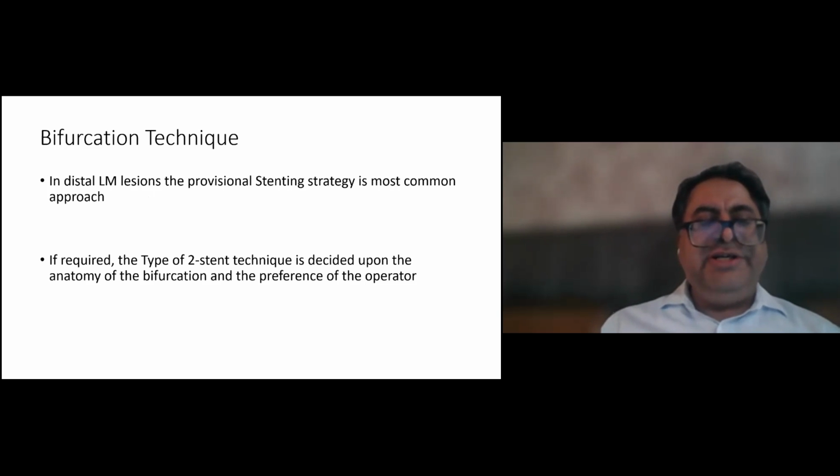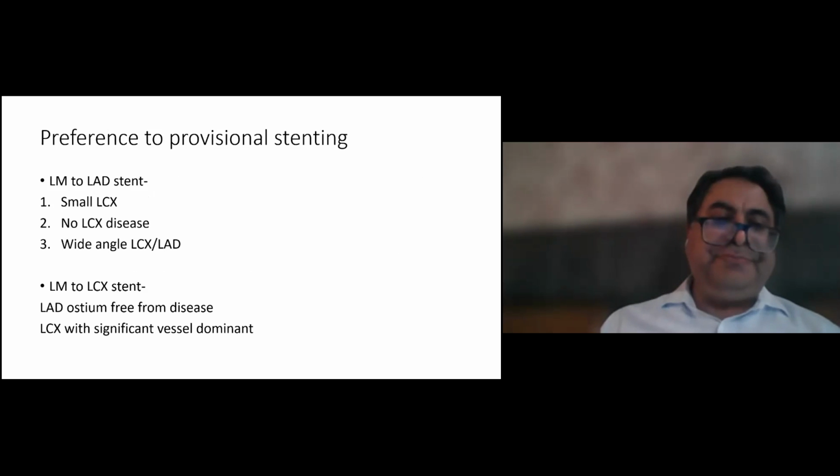In bifurcation technique, in distal left main lesions, the provisional stent strategy is the most common approach. If required, another two-stent technique is decided upon the anatomy of the bifurcation and preference of the operator.